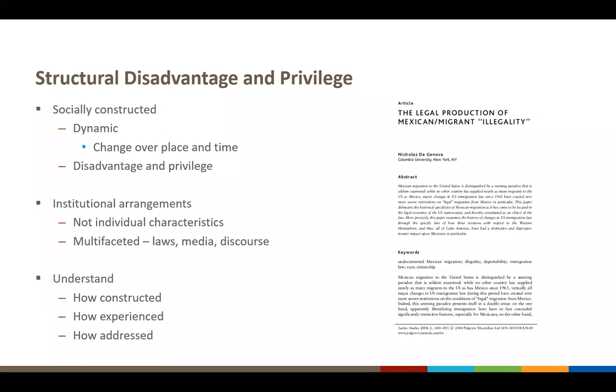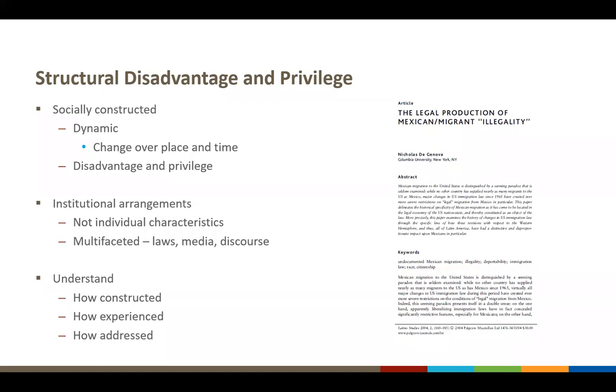But it's important to note that social disadvantage or advantage of privilege, right, is a socially constructed phenomenon, as I was saying earlier, and it's also dynamic. It changes over time and place. And so being an undocumented immigrant today could be a very different experience than it was, let's say, 30 or 40 years ago in the United States.